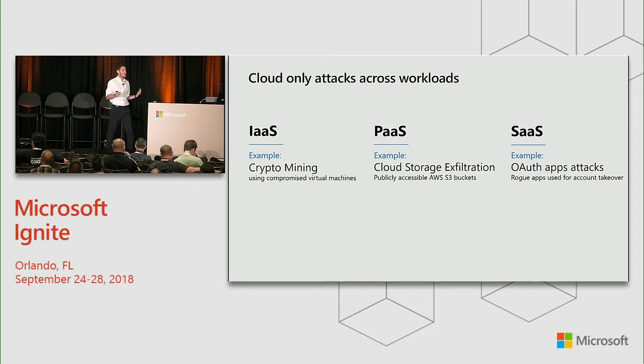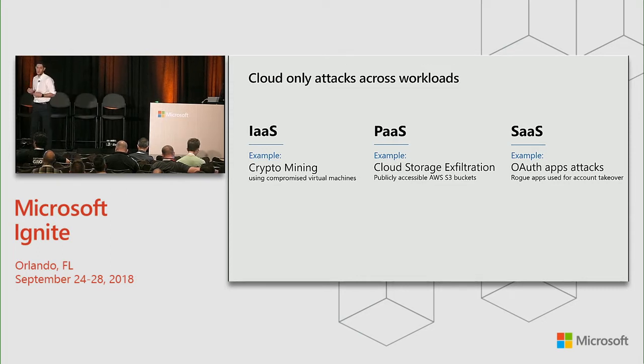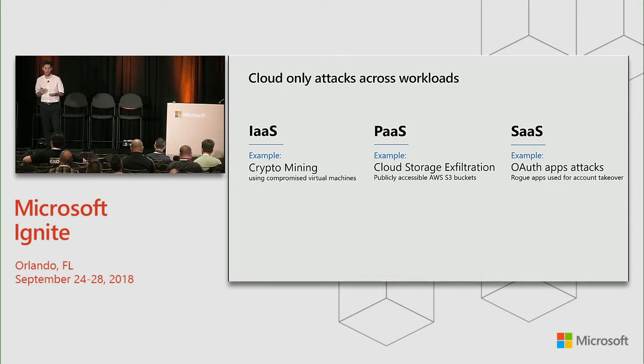So when I say cloud attacks, they happen across all the different cloud workloads, starting from IaaS, PaaS, and SaaS, and they evolve super quickly. If we'll start with crypto mining attacks as an example, then historically, when crypto mining attacks started, they weren't very disturbing. People looked at them kind of like the spyware of the old days, where it takes some of your resources, you don't really like that it's there, but it does not affect you too much.